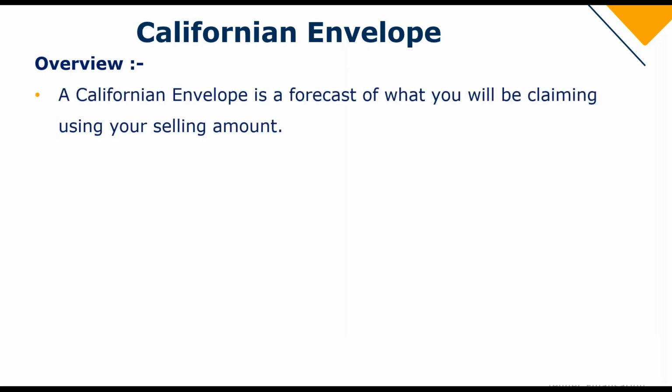Next, we have the Californian envelope. So just to give you an overview, the Californian envelope is a forecast of what you'll be claiming using your selling amount.